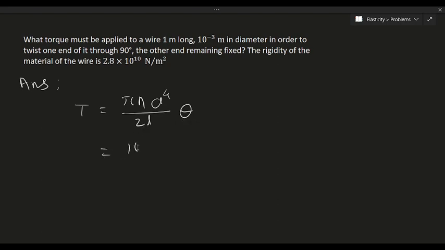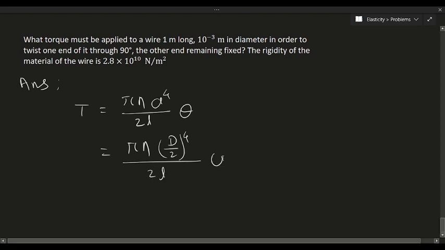So we write this formula in terms of diameter because we are given diameter: (d/2)^4 divided by 2L theta, giving pi eta d^4 upon 2L into 16, and then theta.